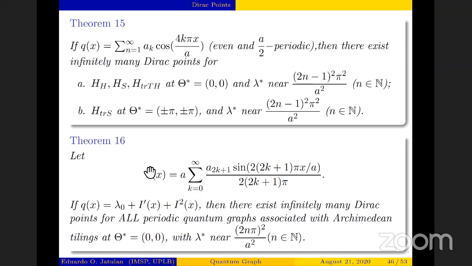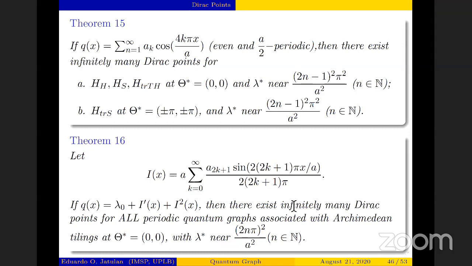Okay. But if our Q is of this form, given this I, I will not elaborate more because I think we don't have time anymore. Then we have infinitely many Dirac points for all periodic quantum graphs associated with Archimedean tilings.